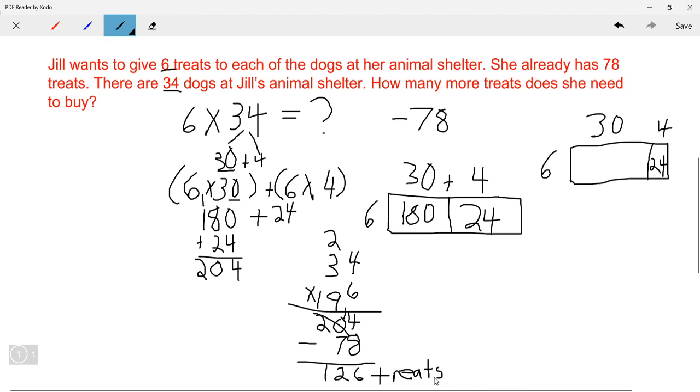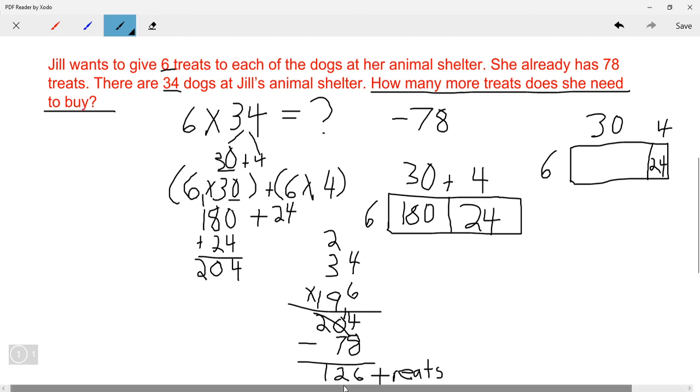So hopefully that helped you out, showed you a couple of different ways to do the multiplication, and also clarified how to do these multi-step word problems. But just always make sure that once you get the answer, you read over what it's asking. How many more treats does she need to buy?